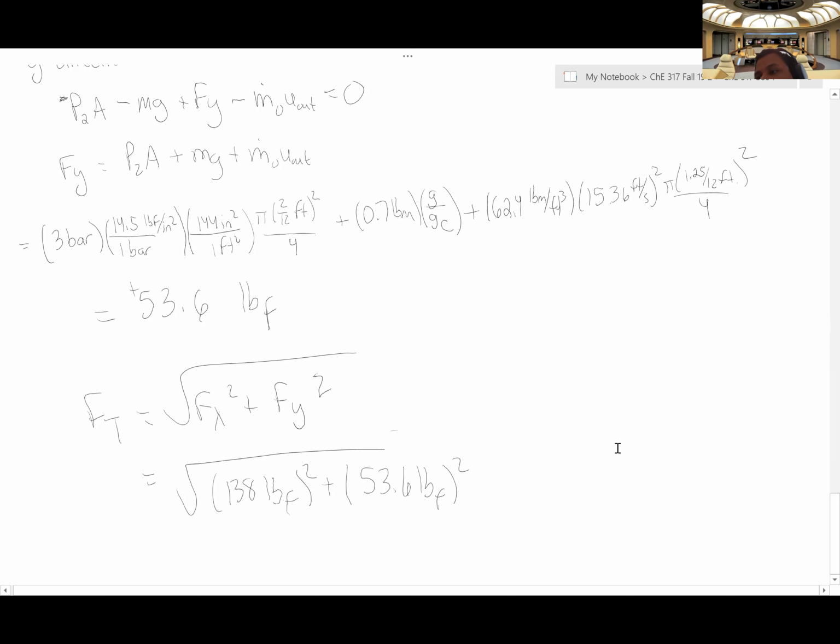Which should be, let's see, about 148 pound force.